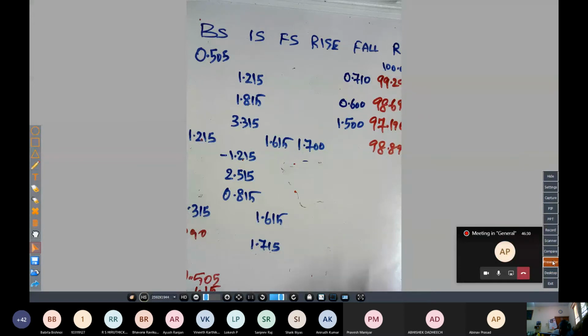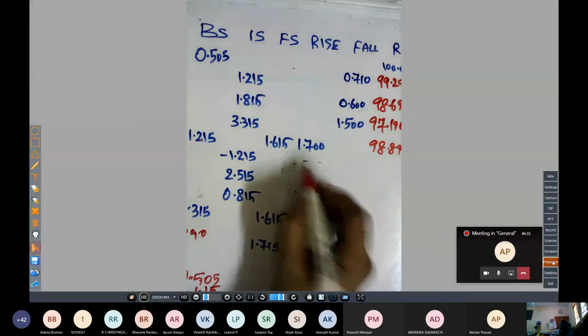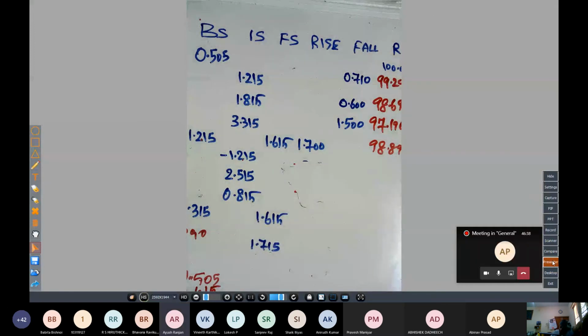You have to add. So it's a rise. Rise of how much? Of 2.430.